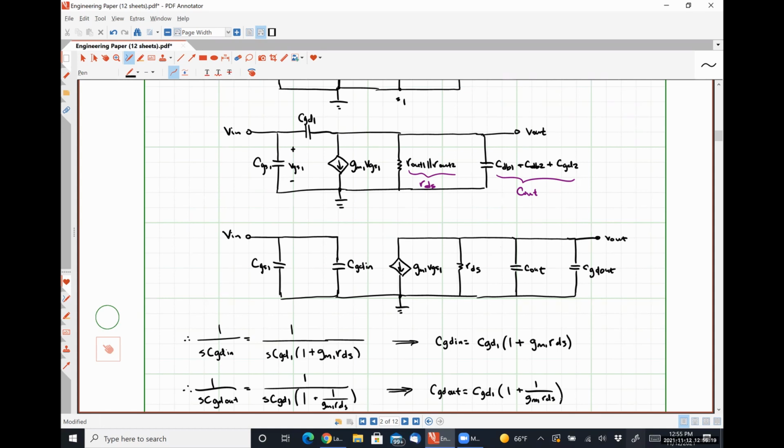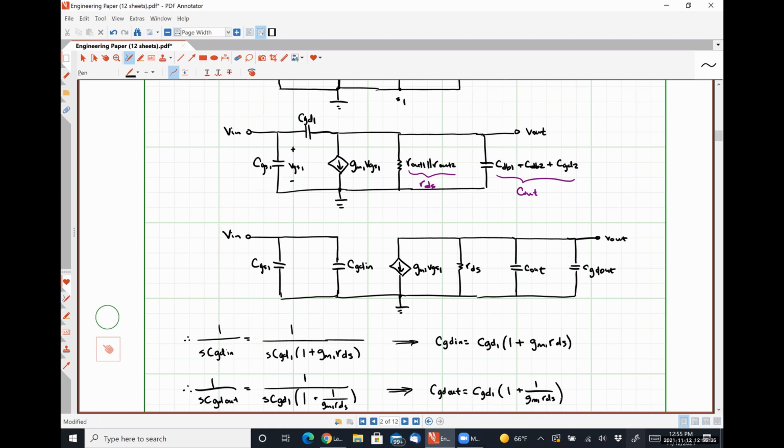Everybody catching what I'm throwing thus far? Okay. So just using Miller's theorem to split CGD into two capacitances so that we have an easy transfer function to figure out here. So what should V out be?